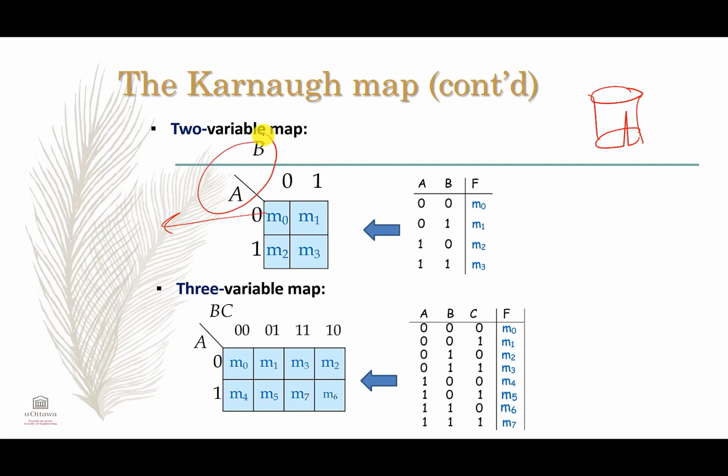Imagine we have a function f, which is basically an OR gate. This function has 2 variables, therefore its Karnaugh map will have 2 to the power 2, which is equal to 4 cells.